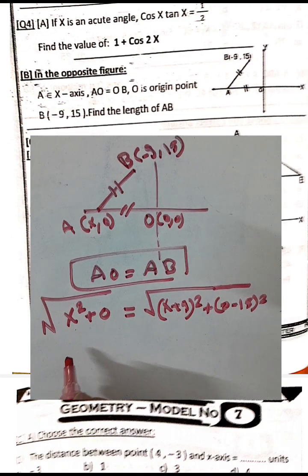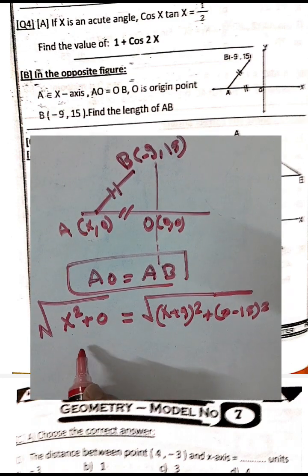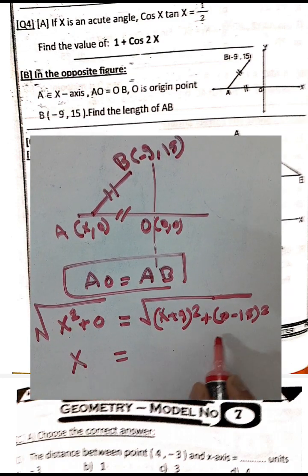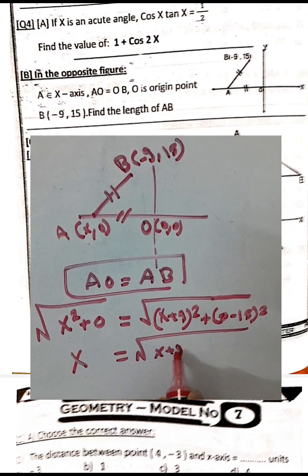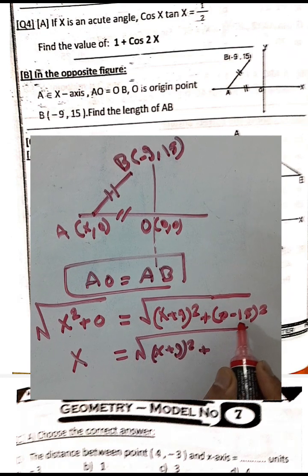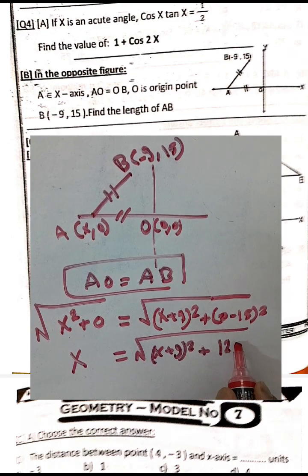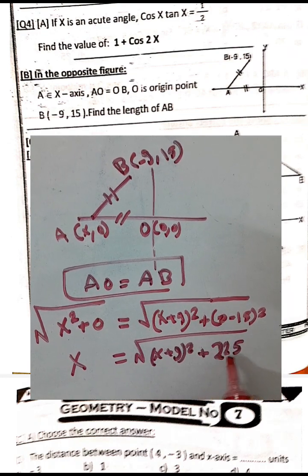Okay, and then x power 2 plus 0 equals x power 2, square root of it equals x, and here x plus 9 all power 2 plus 15 power 2, it will be 225.